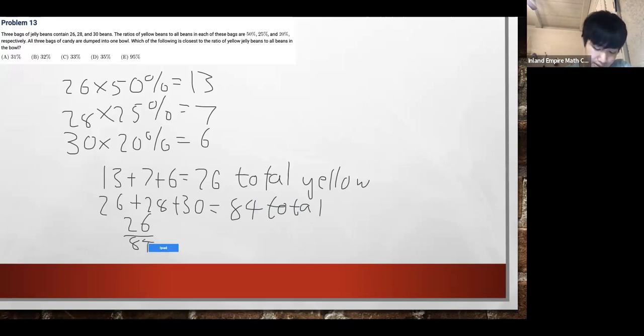In order to convert this into percent, first of all, simplify it. And also remember that it's just the closest ratio. Simplify it, and we get 13 over 42.